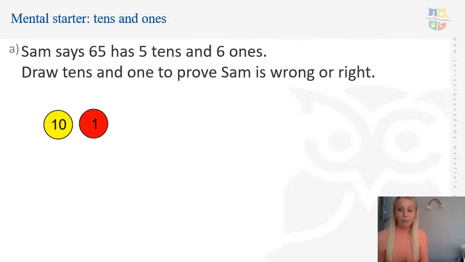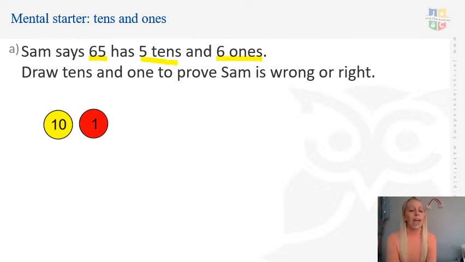So we've got a problem to solve today for our mental math starter involving tens and ones. It says, Sam says 65 has 5 tens and 6 ones. Now that's quite a wordy problem, so I'm going to use my highlighter tool to help me pick out the keywords. So he's got 65, there we go, has 5 tens and 6 ones.